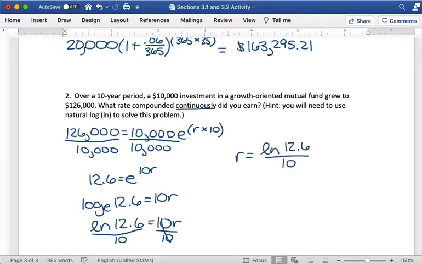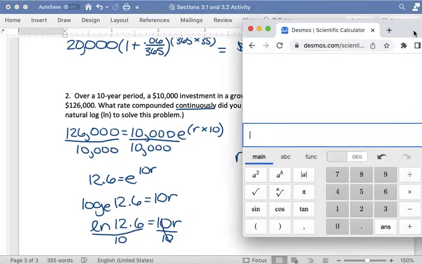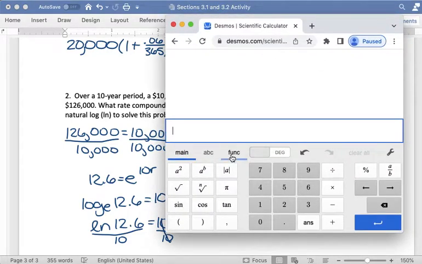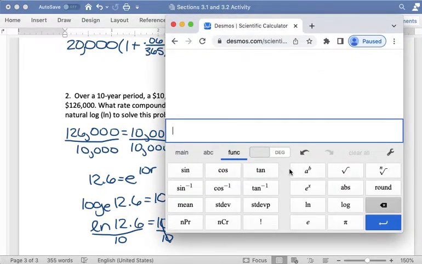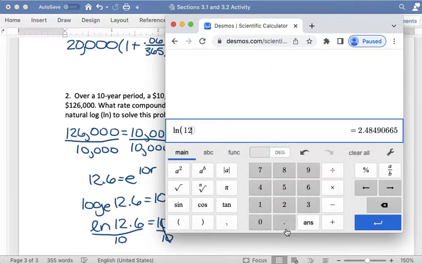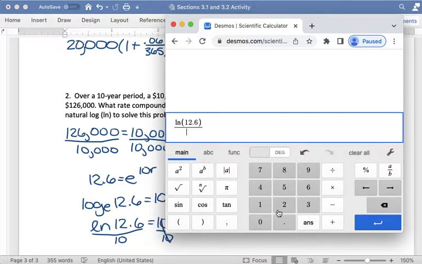So on my calculator, remember, the ln button is under the FUNC. I have ln of 12.6, close that parenthesis, and then divided by 10. So we have 0.2534, or 25.34%.